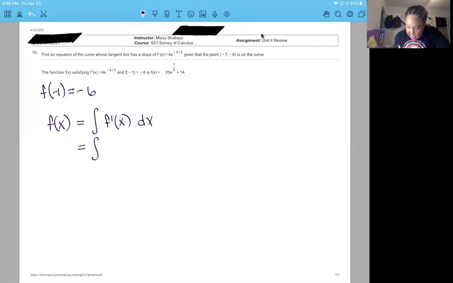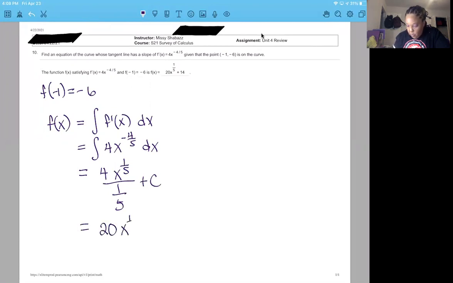And f prime of x is 4x to the -4/5. So I'm going to add 1, which gives me 1/5. And divide by that 1/5 plus a constant, multiplied by the reciprocal, and I get 20x to the 1/5 plus c. All right, that's what f of x is.